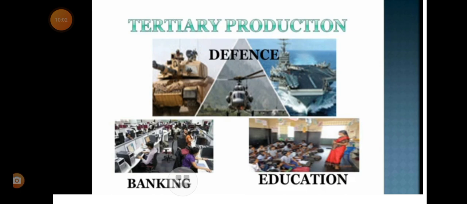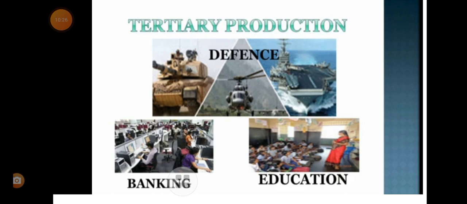For example, defense, army and all. They are not making anything, just doing service. Banks also never make any product or do any process. They are just supporting with money, lending money. Education also has no production.